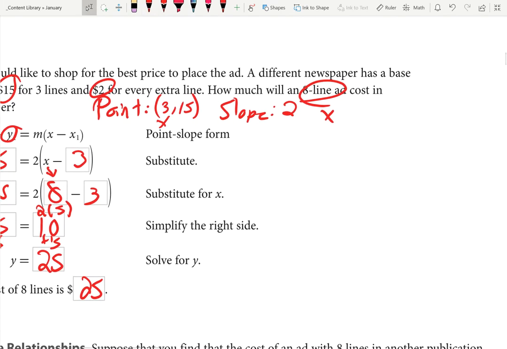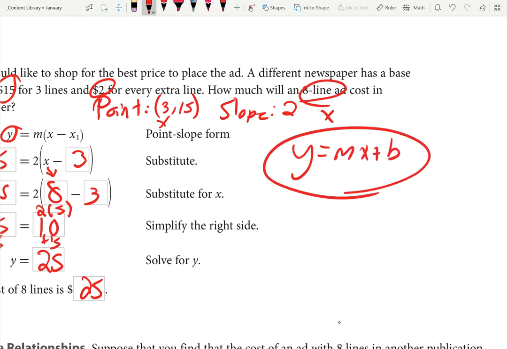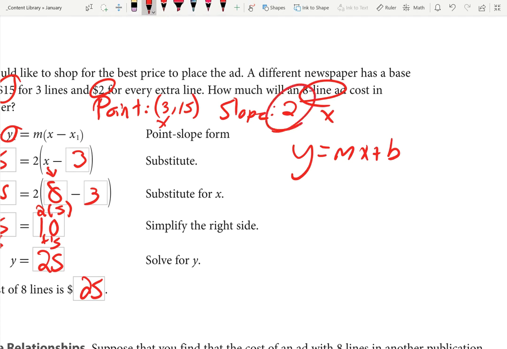Now, there's another way you can do this using slope intercept form. Remember, slope intercept form is y equals mx plus b. You can actually still use this form. You don't even need point slope form. To show you this, you would still need to know the slope is 2 and the point (3, 15). The problem with this form is you need the y-intercept. Well, what is the y-intercept?